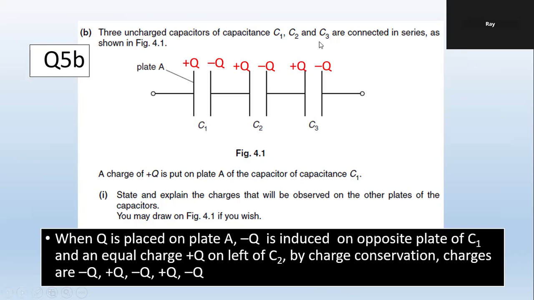When Q is placed on A, minus Q is induced on the opposite plate of C1. So the electrons will go there. This will be plus Q induced, and induced minus Q1, and so on. An equal charge Q1 is left on C2. By charge conservation, the charges are minus Q1, Q minus Q1, Q minus Q.